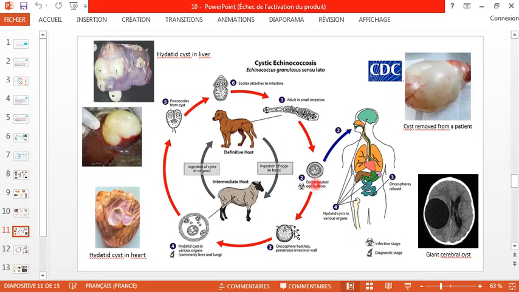Okay, so the eggs can be found maybe in non-washed vegetables, or when you play and you touch your dog and you don't wash your hands, etc. So you are going to swallow the eggs, and the eggs inside your body are going to develop into cysts. Okay, so here it is a real photo of a cyst removed from a patient. You see how big it is, and here it is a giant cerebral cyst.